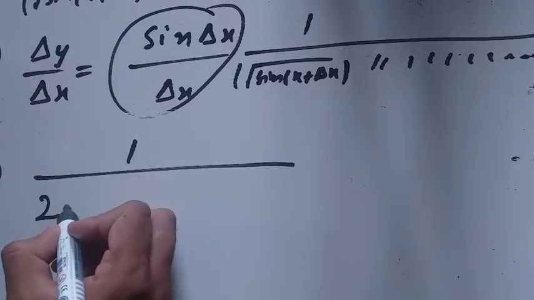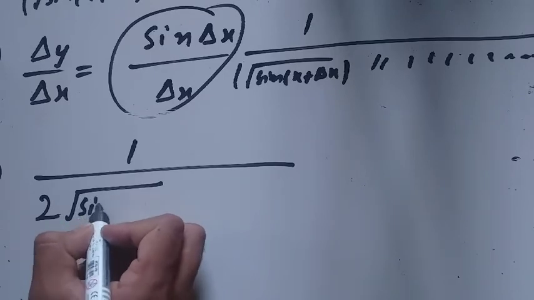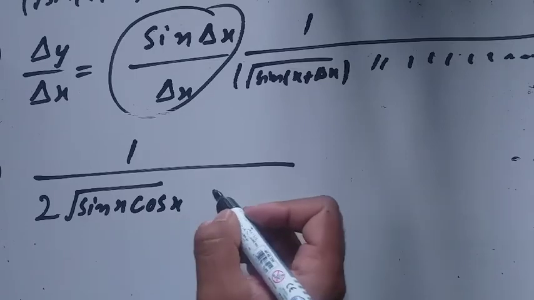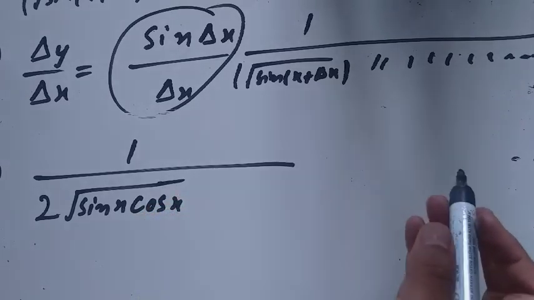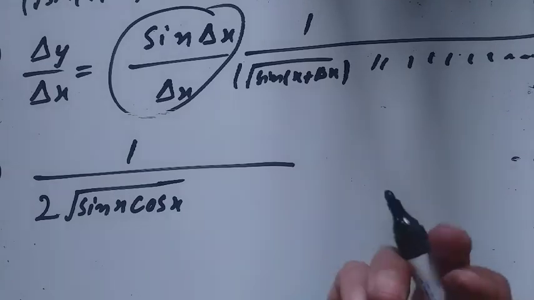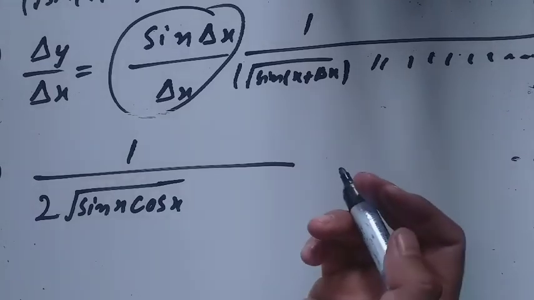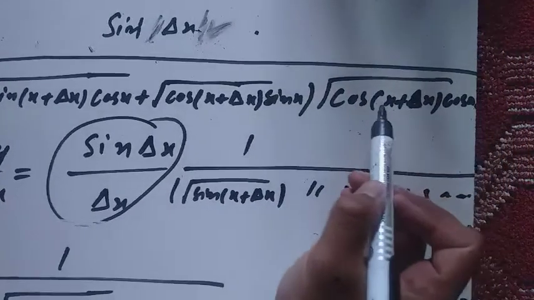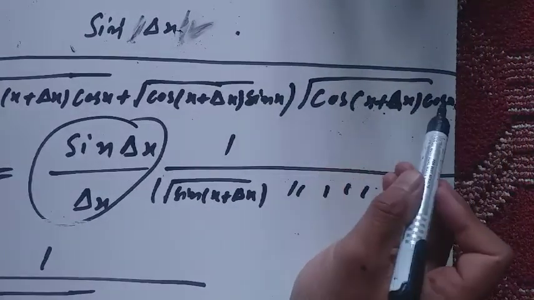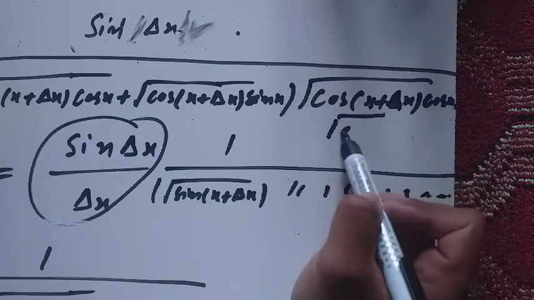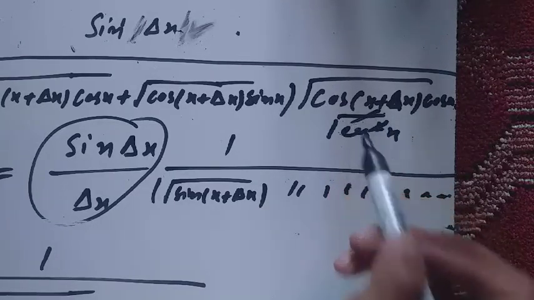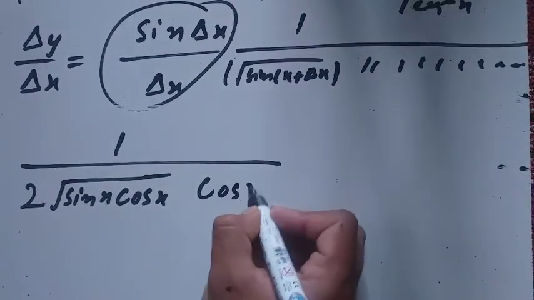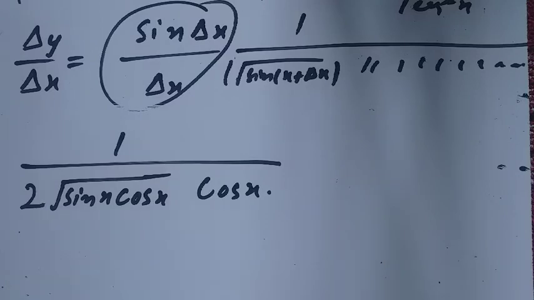That means I can write twice under root of sine of x cos x. And another is which is outside, when that delta x, let me show you here. When this delta x approach to 0, this becomes cos x and cos x under root. This becomes cos square x, and square and under root will cancel out, and this becomes cos x. That's why I will write here cos x. All right.